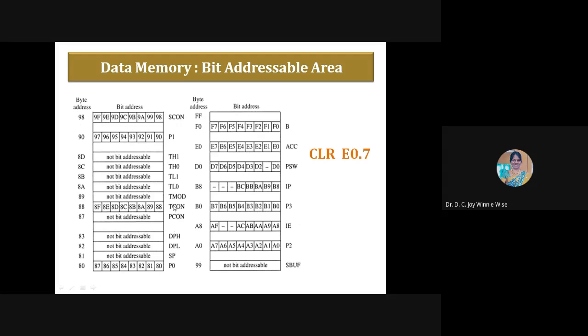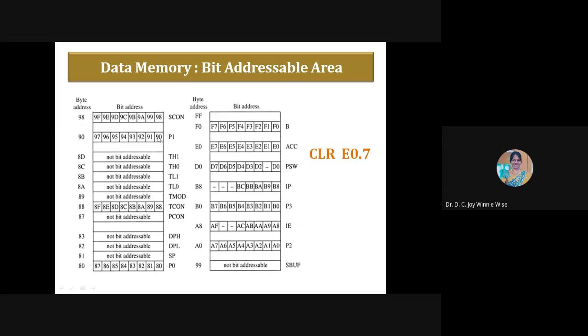In our program we can use this name, and all these registers can also be referred to by their address. For example, the serial control register SCON can be referred to by the name SCON and also by the address 98.